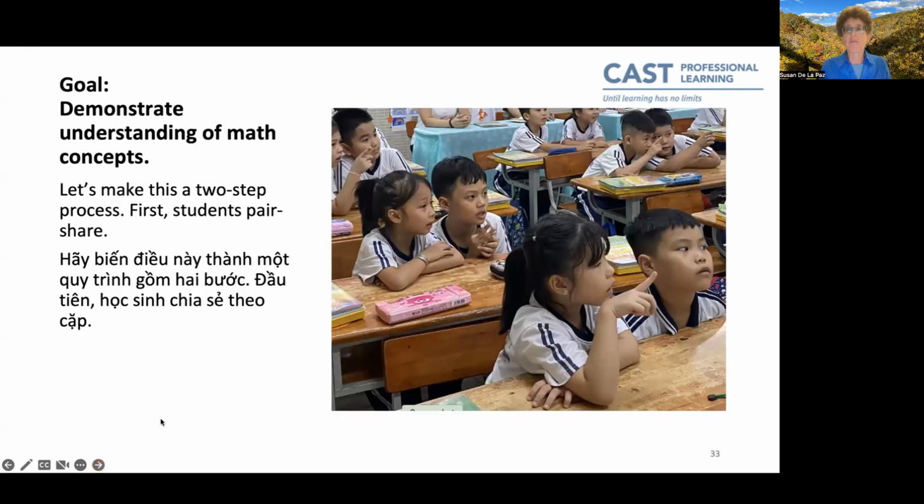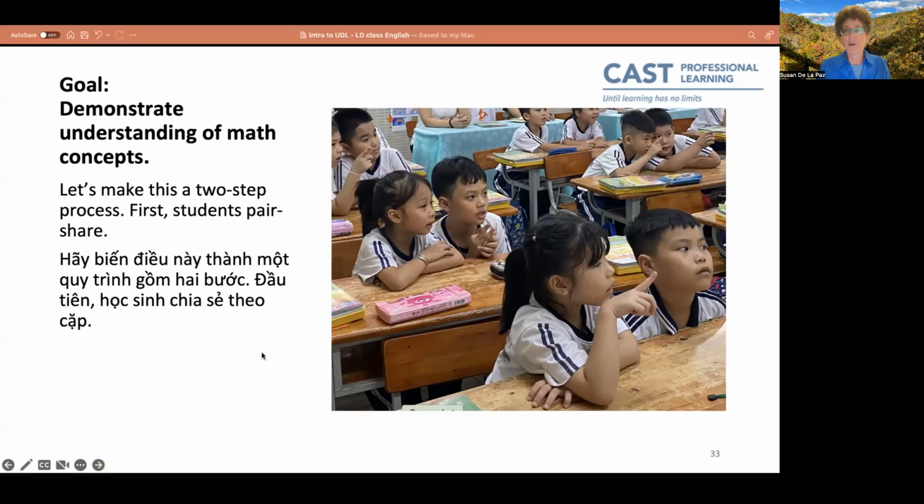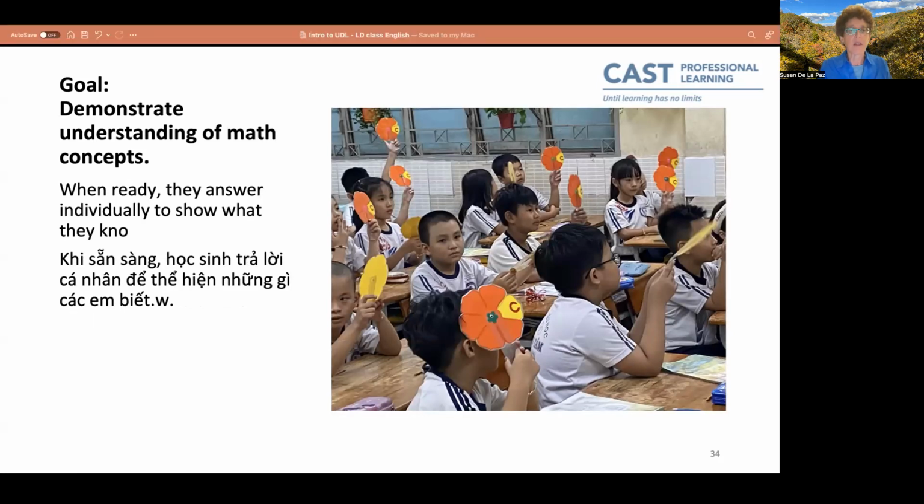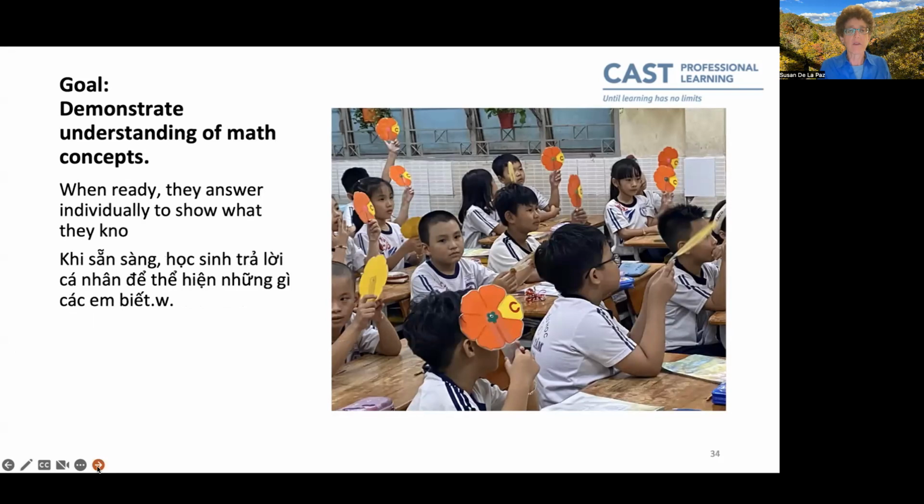On the other hand, if my goal is the same thing, maybe I could change how students show their understanding, because first they pair, share, and then when they're ready, everyone shows an answer that the teacher can see, and everyone participates.